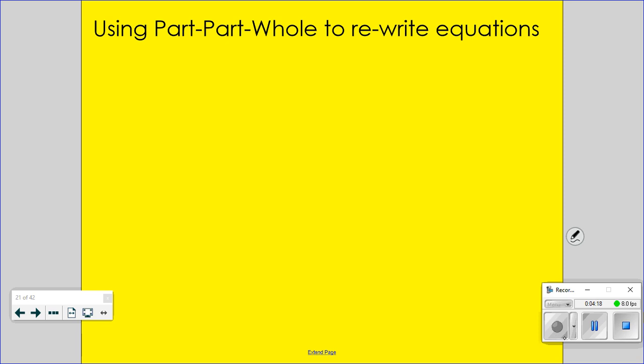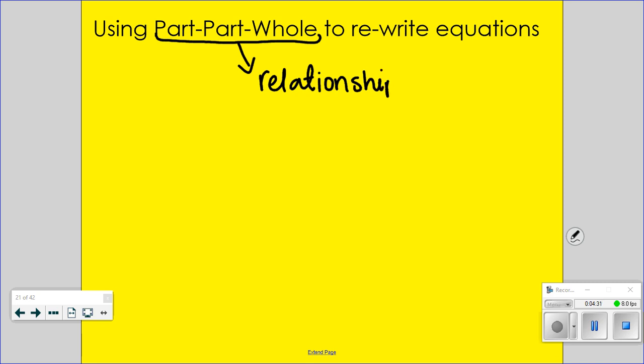You have seen part-part whole. You've used part-part whole. Part-part whole just describes the relationship between some numbers.